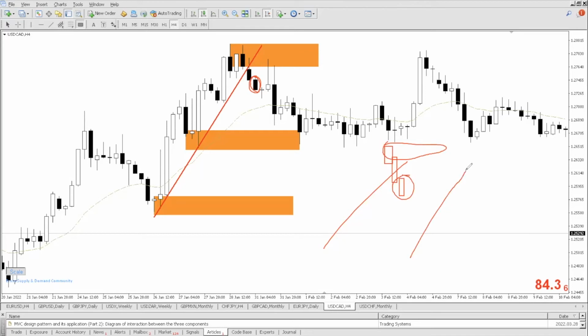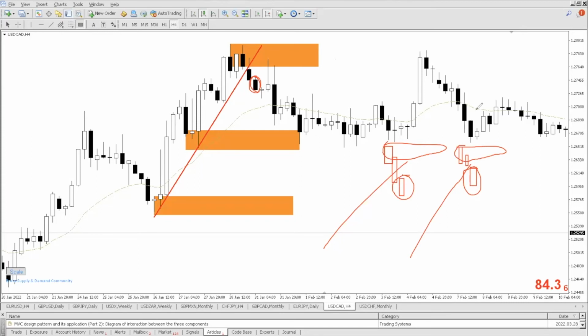Or sometimes it could be like this. Even if it's like this. Okay. Even if it's like this. Yeah. The fact that this didn't touch the trend line, it means the zone here is valid.